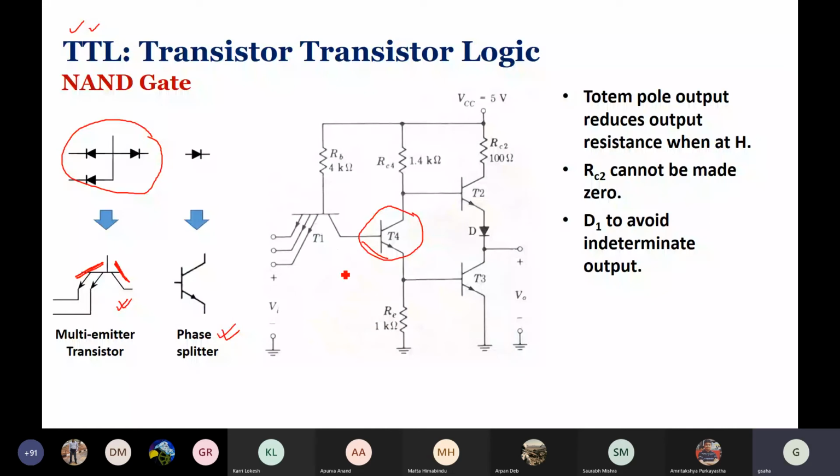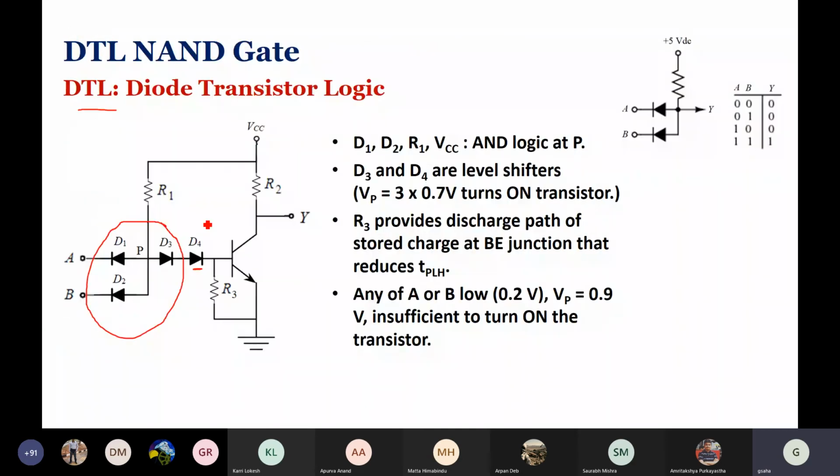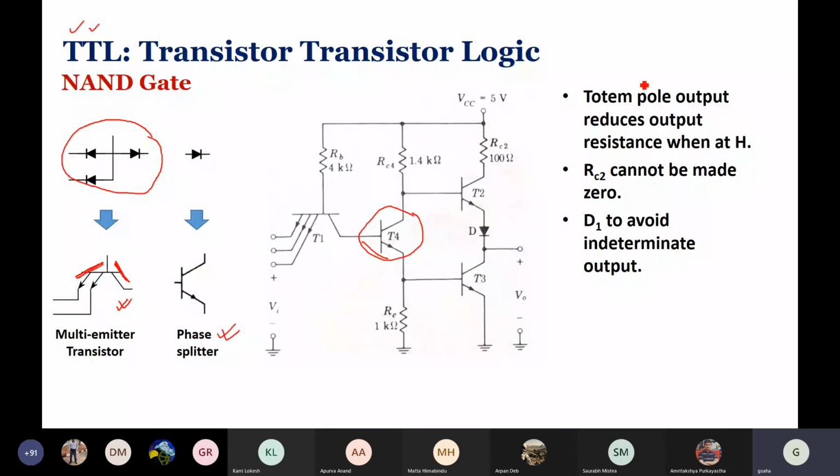And finally, this is the output. This is the output transistor that we had in our scheme of things. That is replaced with something called a totem pole output. So this T3, there is T2 over here, and the diode and other stuff.